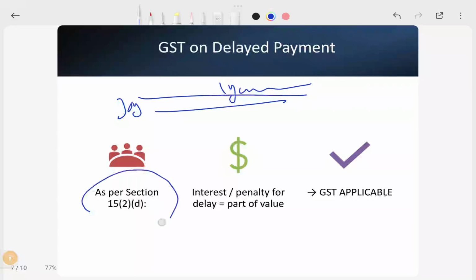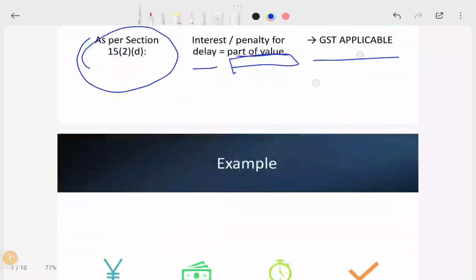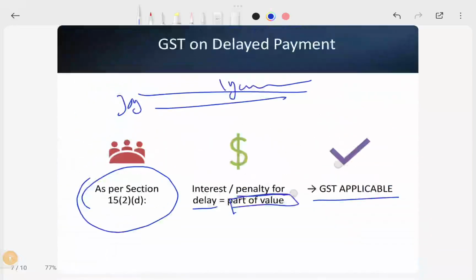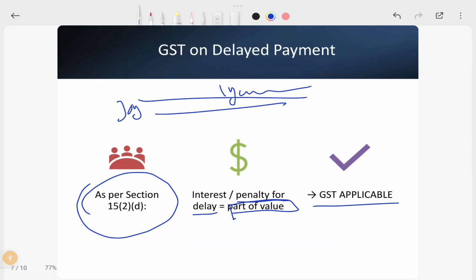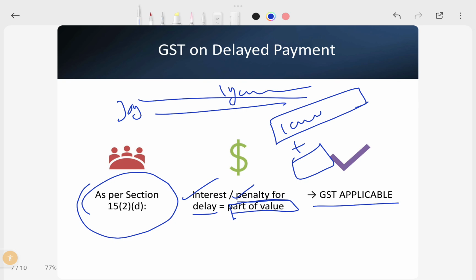In this situation, under this section, interest or delayed payments or penalties, whatever it is for the delay, is part of the value. In the GST valuation provisions, the value of the supply includes the main value, that 1 lakh, plus other delayed payment interest or penalties, whatever it is, which has to be added to the value of the supply.